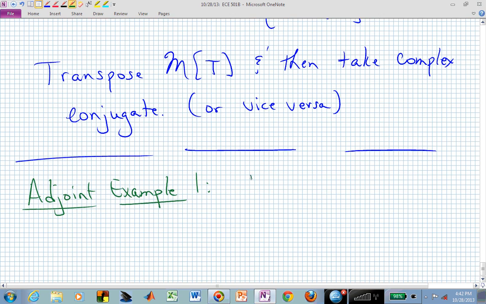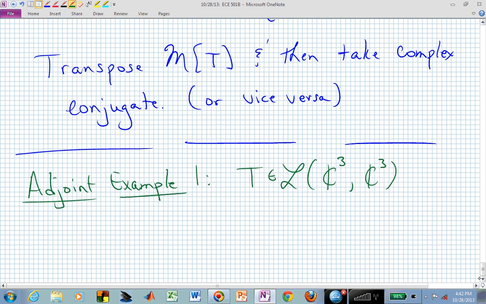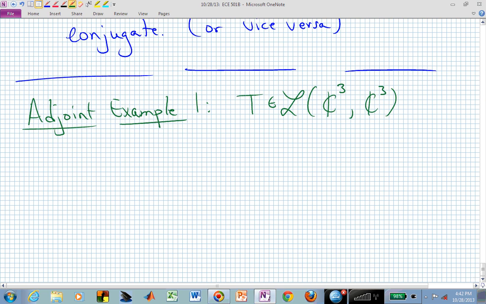Suppose that we now have a linear map T between a three-dimensional complex vector space and another three-dimensional complex vector space. And suppose this linear operator, T of x, y, z, is the following.